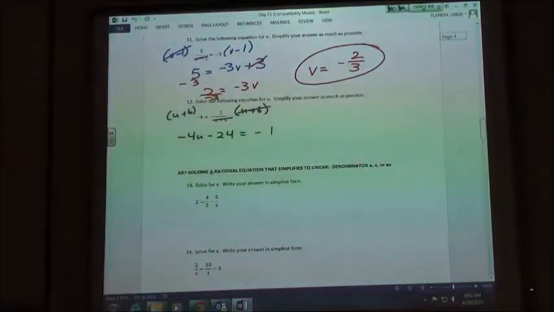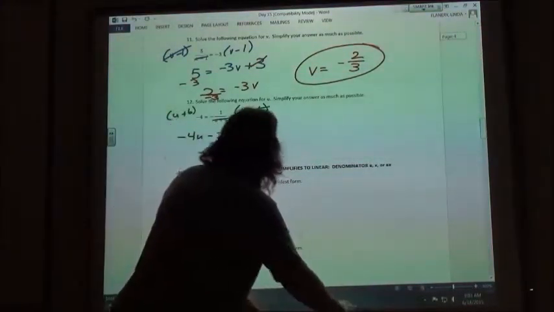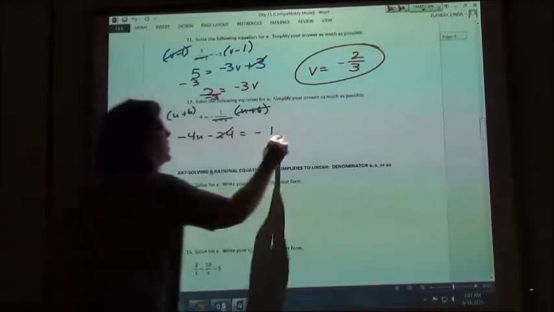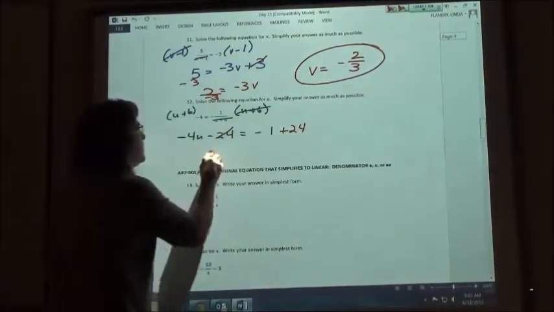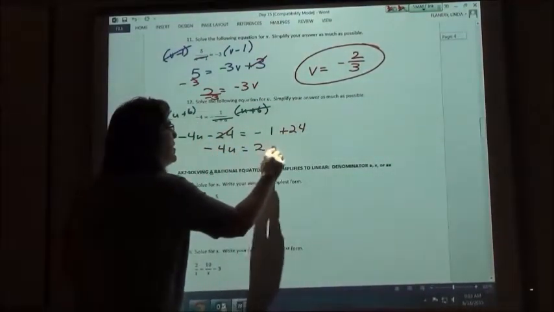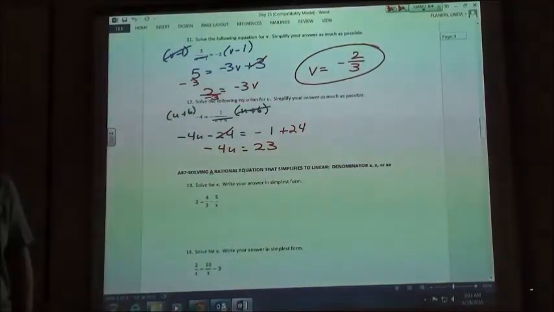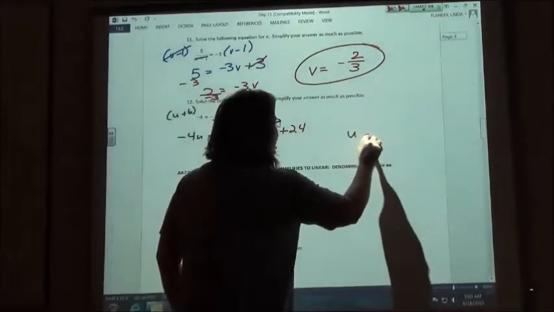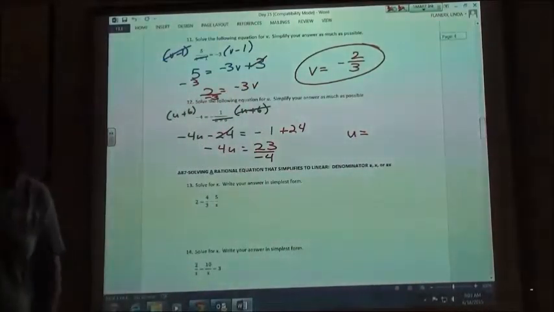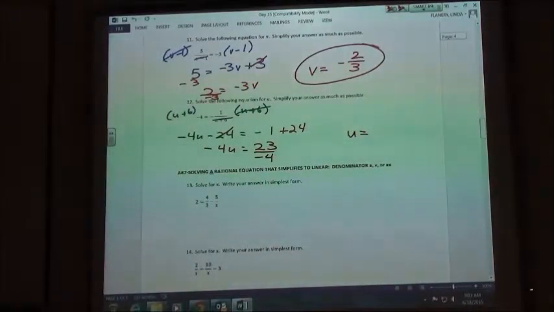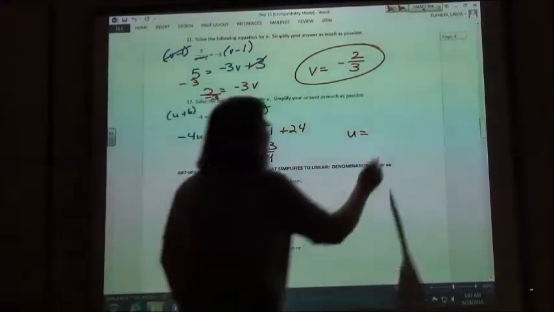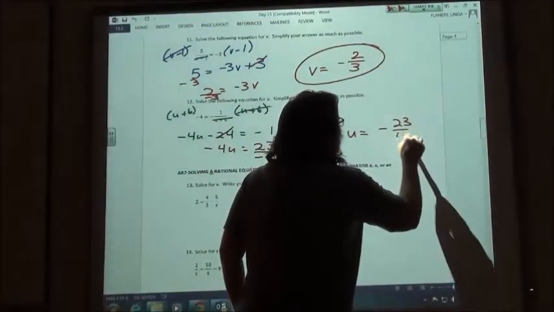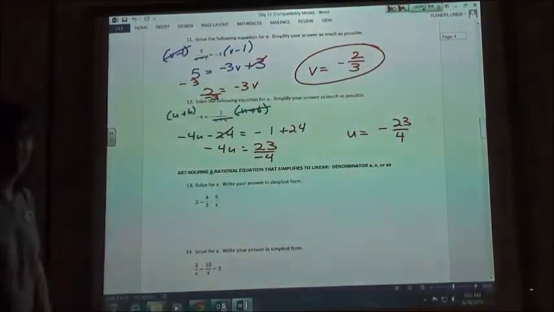From there, I'm going to add my 24. So negative 4u equals 23. And then I'm going to divide. I know you guys know how to do these. U equals negative 23/4 then.